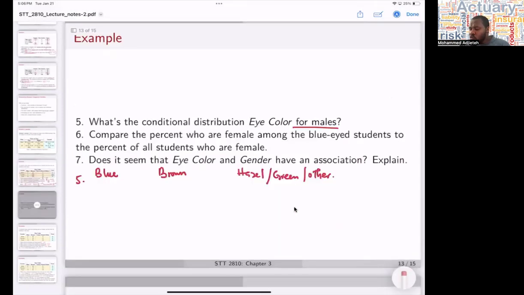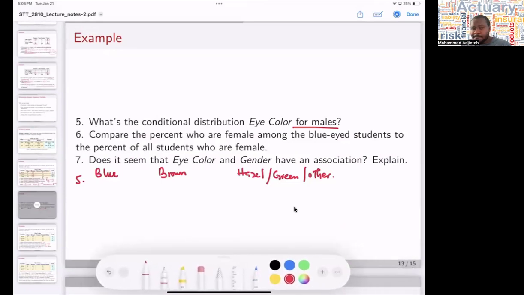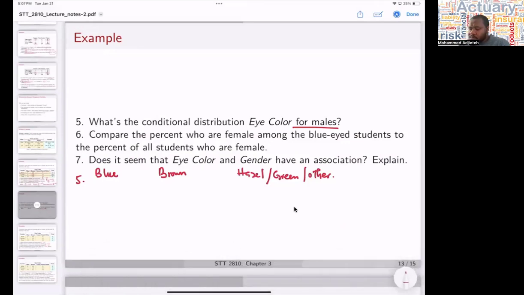So for blue, we have 6 over 32, which represents 18.8%.